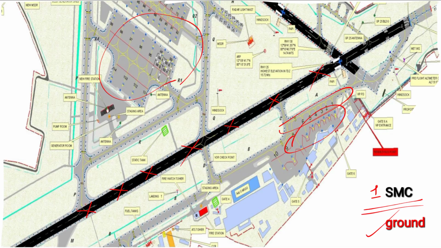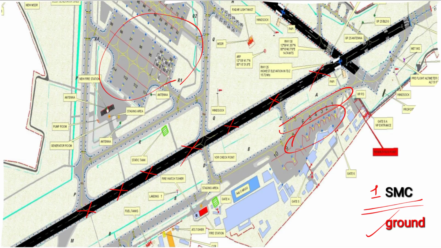Wherever the yellow line goes, that is the area controlled by SMC. Let's assume you want to start the aircraft engine. Simply call the ground. If you are at Chennai airport and willing to start the engine, call Chennai ground, right? So SMC is given the ground area except the runway. The runway doesn't come under SMC.